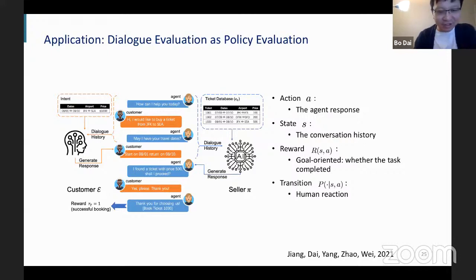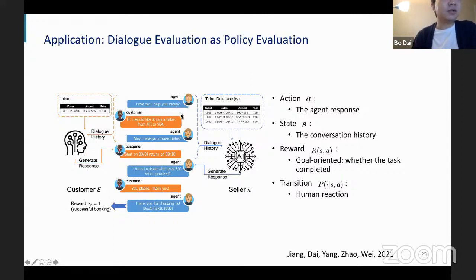In this application, we really want to do policy evaluation, dialogue evaluation, which means you want to evaluate some agent which solves a problem. Let's make a very concrete example here. The agent is an air ticket booking agent. It interacts with the customer, and the customer is trying to communicate with this agent to book a ticket.